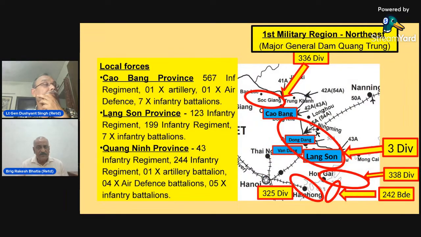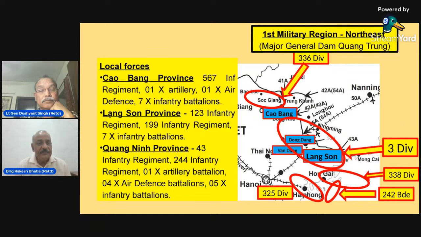Talking about the northeast, that is military region 1, 3 Division was located at Lang Son, 338 Division was located at Mong Cai, Quang Ninh, and 242 was responsible for coastal defense. At Hai Phong, the 325 Division was meant for the security of Hanoi. It was placed here because the distance was the least from the PLA.